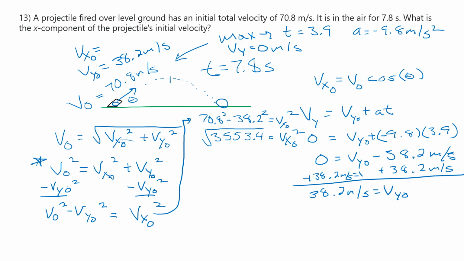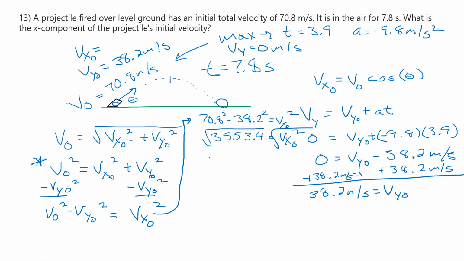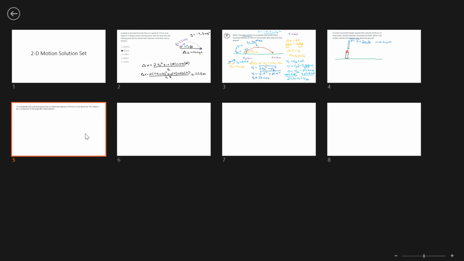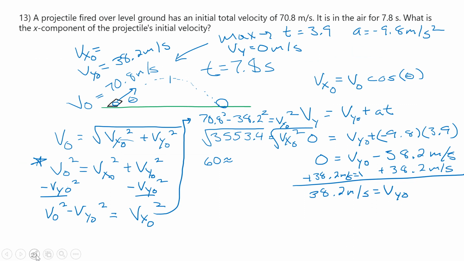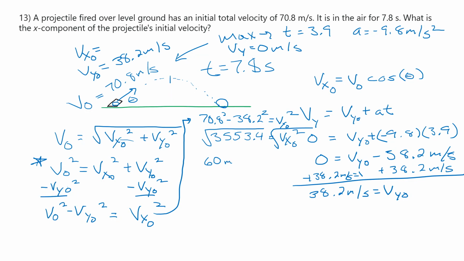So then I take the square root of both sides. And I get pretty close to 60 meters per second.